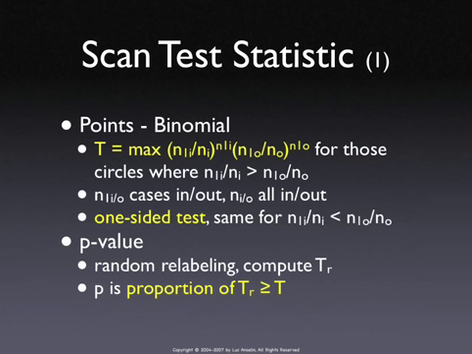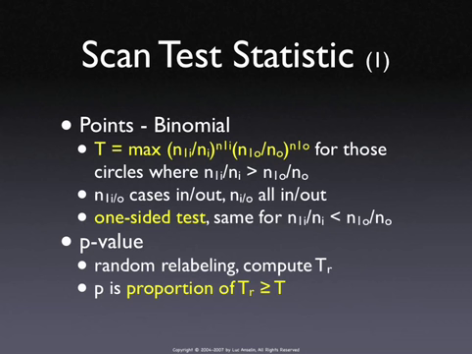So you do this many, many times, and this gives you a T statistic, capital T, not your Student t, a scan statistic for each of the random sets. Let's say we use random relabeling. So we have 1,000 points and we have 50 diseases in those points.